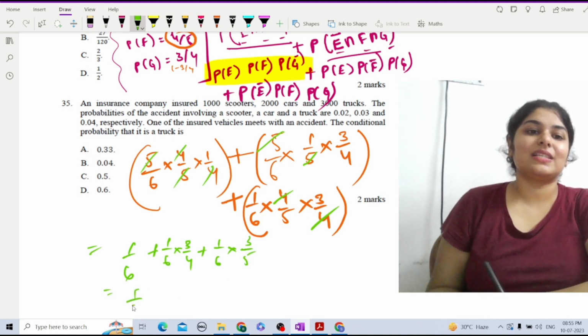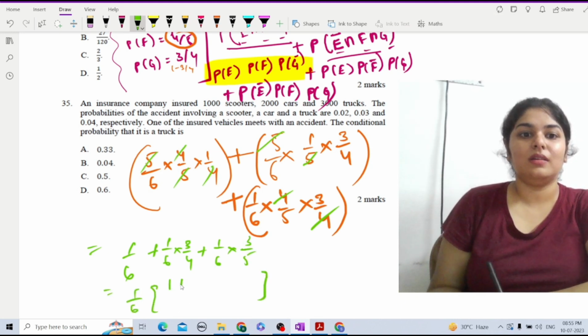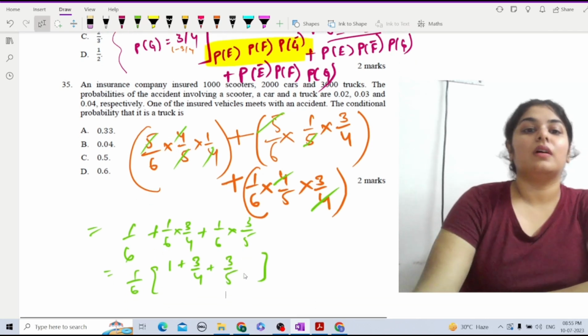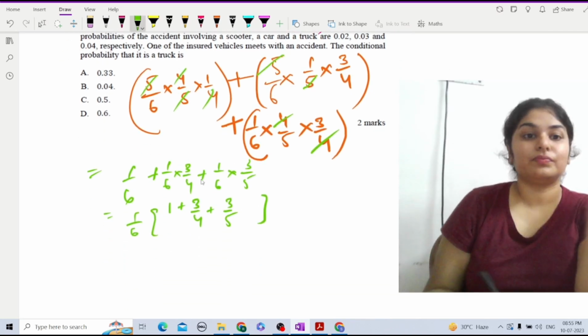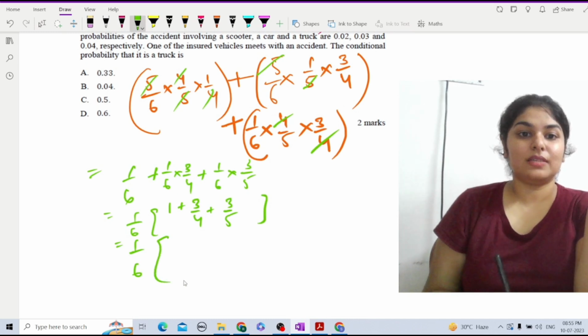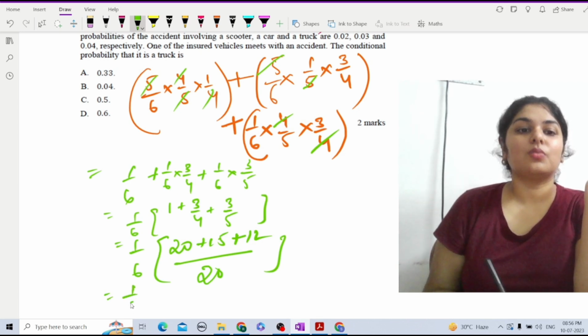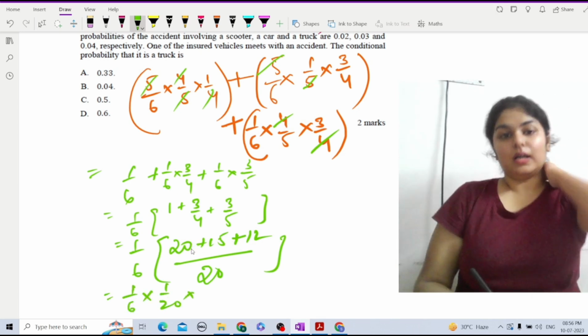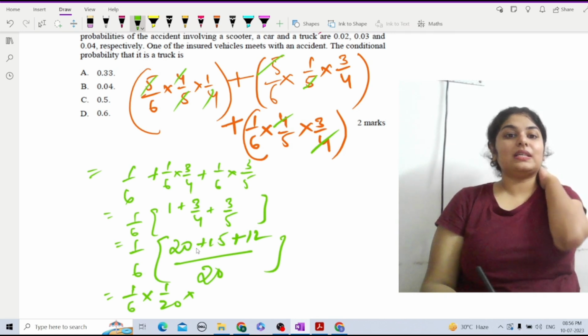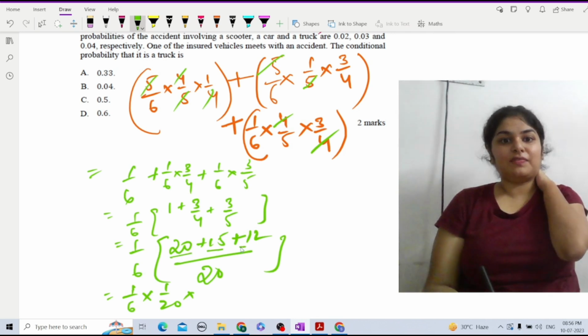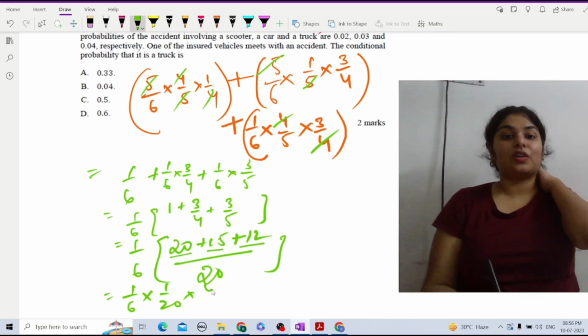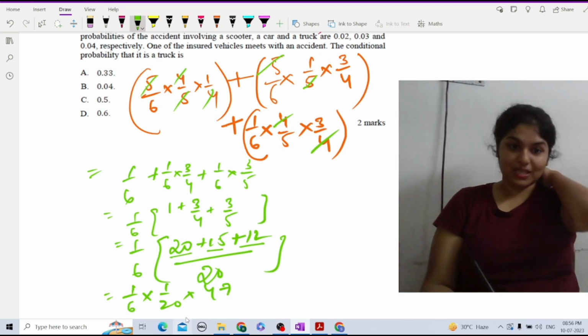So let us take 1 by 6 as common. So we have 1 plus 3 by 4 plus 3 by 5. Good. 1 by 6 into, let's take 20, so 20 plus 15 plus 12 equals 1 by 6 into 1 by 20 into, so this is 20 plus 15 is 35, 35 plus 10 is 45 plus 2 is 47.